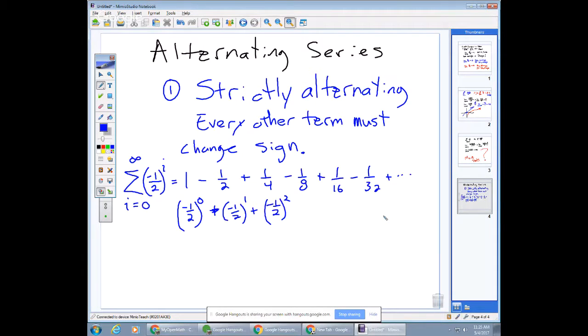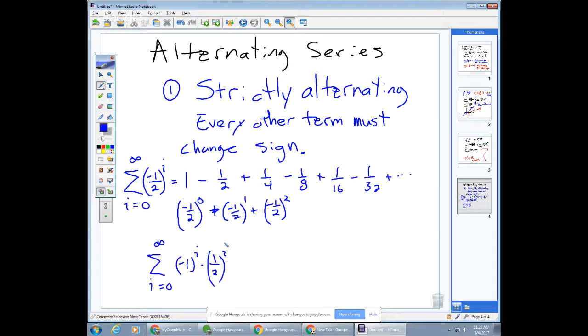Okay. Sometimes what we'll do is we'll rewrite a series like that to pull the negatives separately out, not out of the sum, but just separate the positive and negative parts. So I'll write this as (-1) to the i times (1/2) to the i.